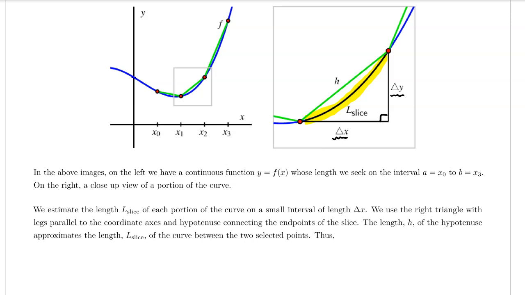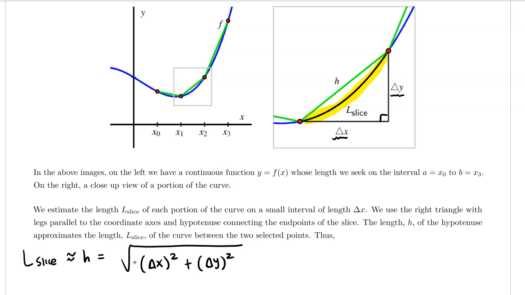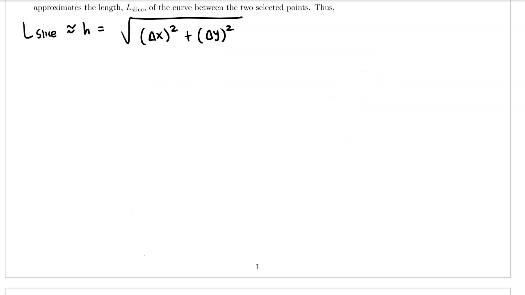So we have here that L slice is approximately equal to h, which is equal to the square root of delta x squared plus delta y squared. What we're going to do from here is factor out delta x squared from both of the terms underneath the square root.